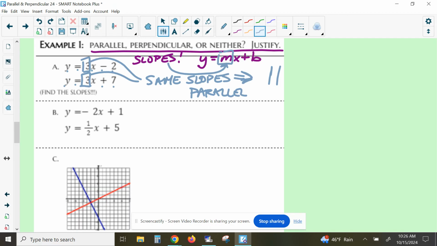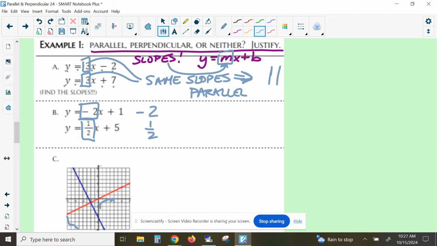Next one. Do those look like y equals mx plus b? Y equals mx plus b, y equals mx plus b. Yep. So find your slopes. What are they? Okay. So our slopes are -2 and 1/2. Those are my slopes, right?